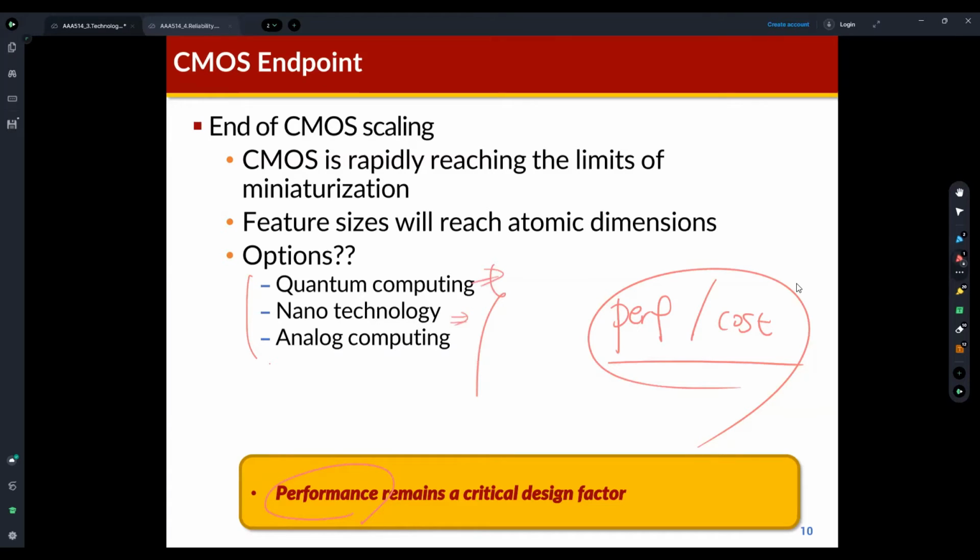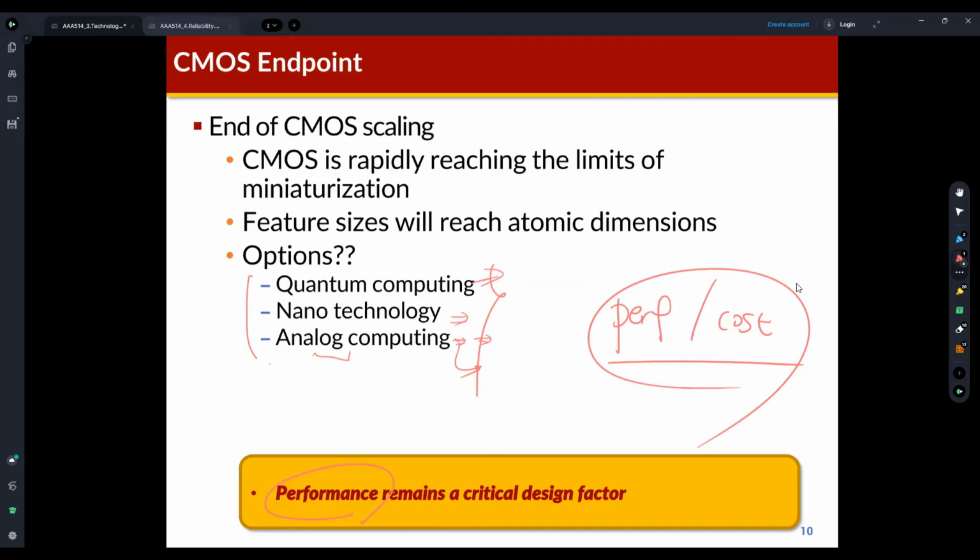We can develop analog computing, but I don't think this is an available option. Usually analog devices consume much more power than digital devices. Sometimes we can consider analog processors, but I don't think this is possible if we consider the running cost of the devices.